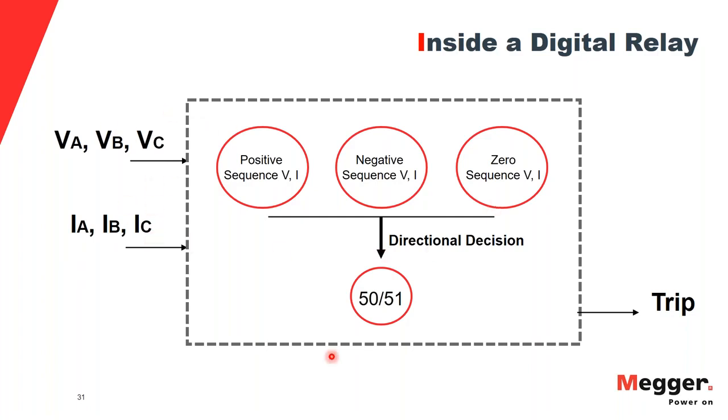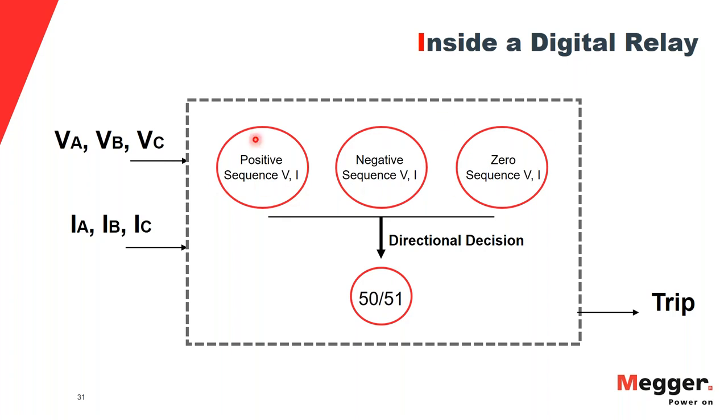And what it does inside the relay is it basically disintegrates those phasor quantities into sequence quantities. So in the calculations in the box, it computes positive sequence voltage and positive sequence current, and similarly negative sequence voltage and negative sequence current, and similarly zero sequence quantities.